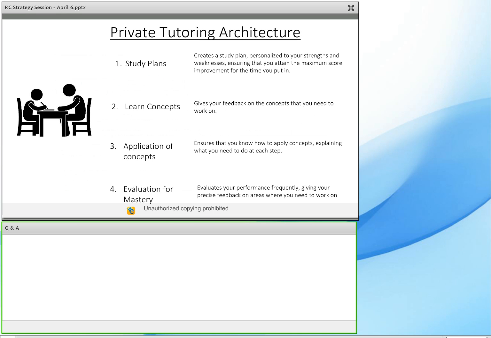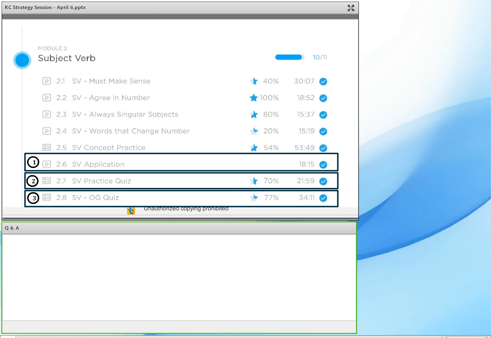The next piece is telling you how to apply those concepts. To do that, at e-GMAT, we build this entity called an application file. You can see this with number 1 over here. In this, we tell you how to approach a problem in steps. What do you do in step 1? What do you do in step 2? What do you do in step 3?